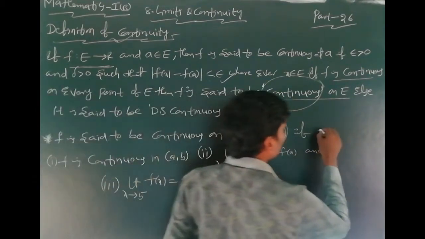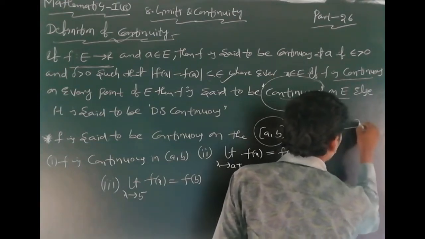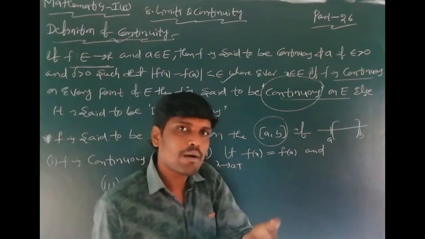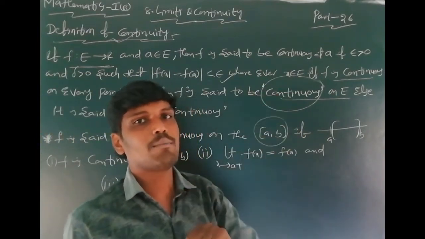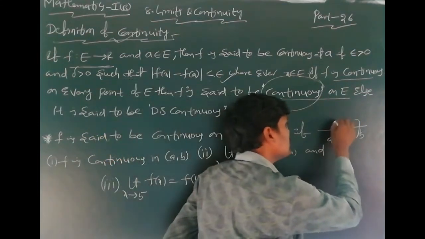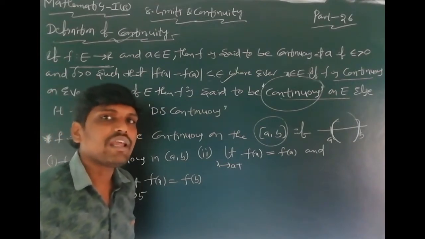What is the meaning of closed and open interval? Here a comma b closed interval, nothing but the values lie between a and b and include a and b. That interval is called a closed interval. The values lying only between a and b is called an open interval.